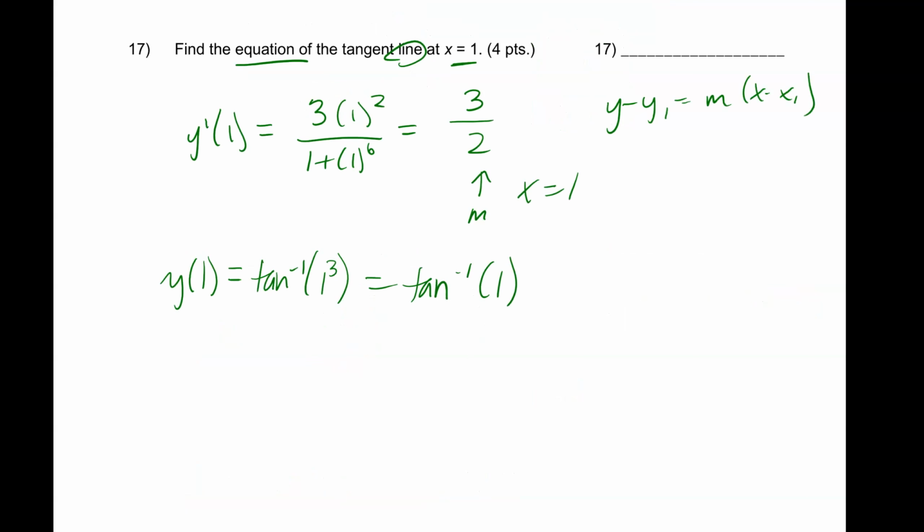Tan inverse restriction is negative pi over 2 to pi over 2. Well, tangent is positive, so we know it has to be in the first quadrant, because tangent would be negative in the fourth. So I know it's going to be an angle between 0 and 90 degrees, between 0 and pi over 2. So where is tangent equal to 1? Well, that's when sine equals cosine: pi over 4.